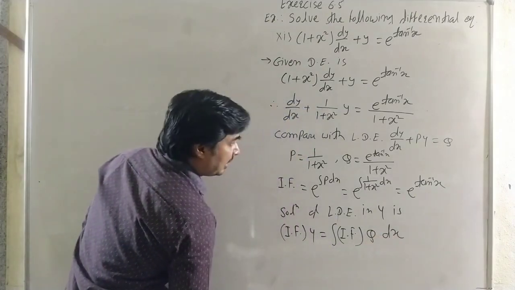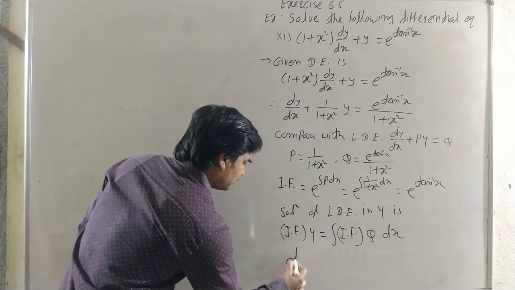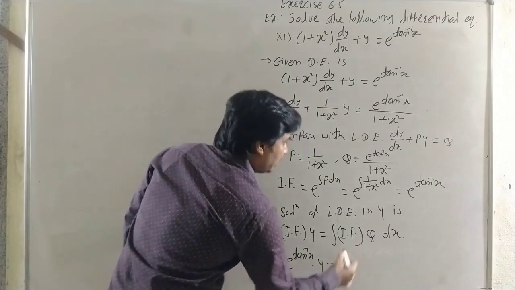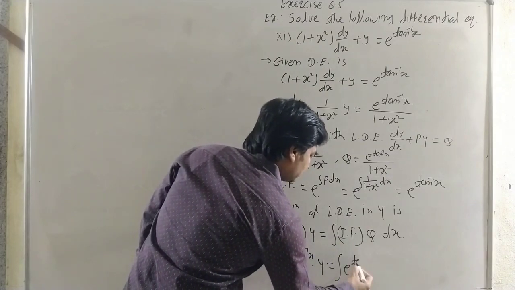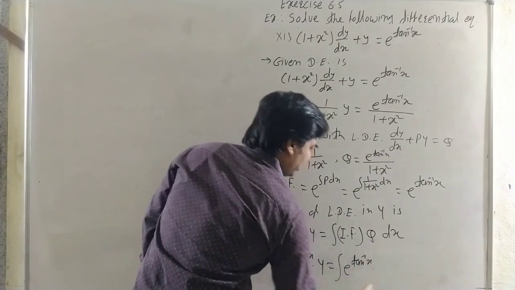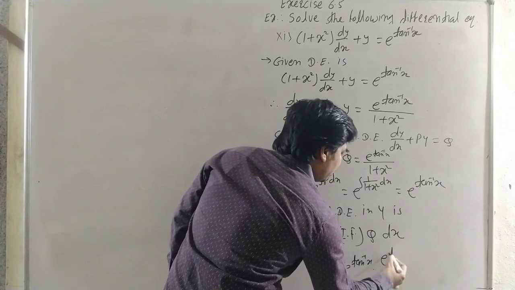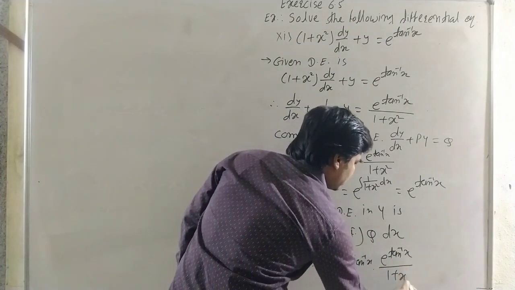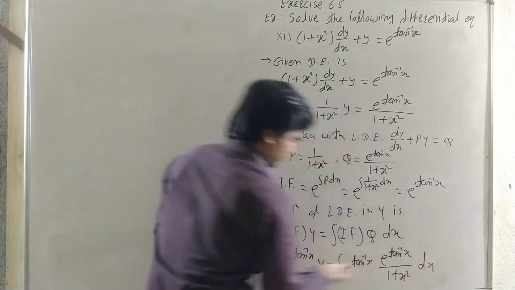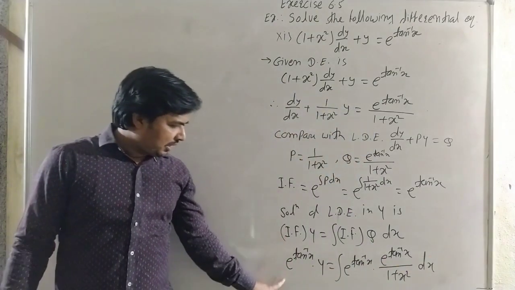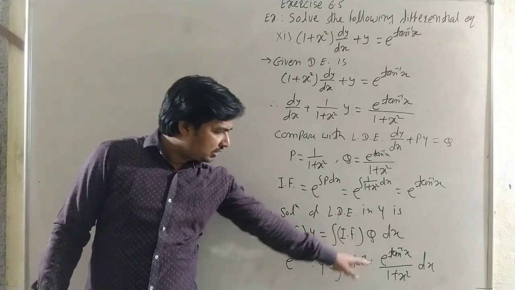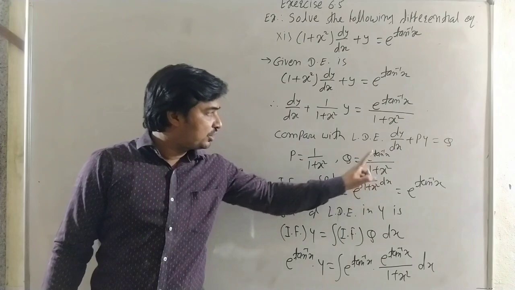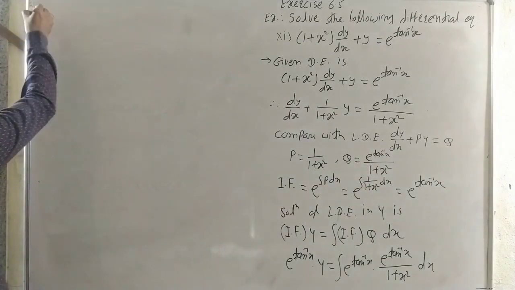Then the integrating factor, it is e to the power tan inverse x into y is equal to integrating factor e to the power tan inverse x into the q, e to the power tan inverse x upon 1 plus x square with respect to x. Here it is a solution. It is the value of this q. Now we solve these integrals.